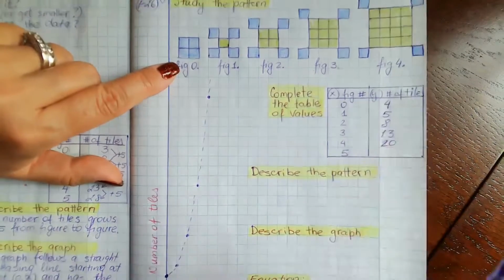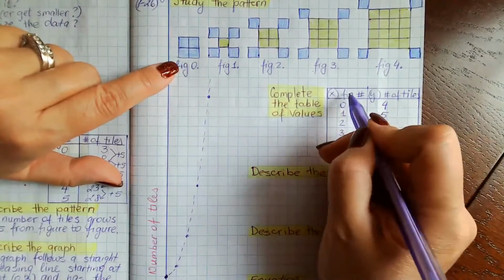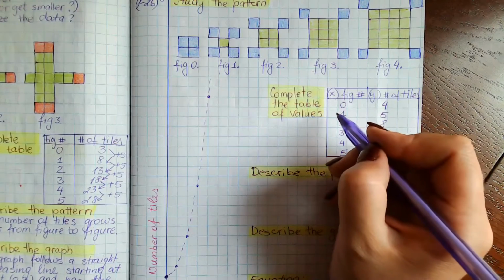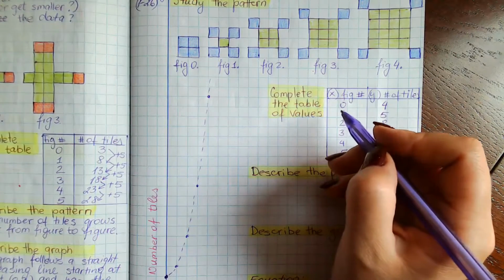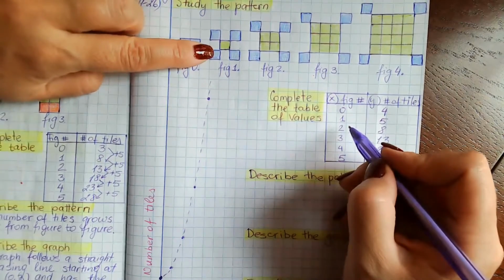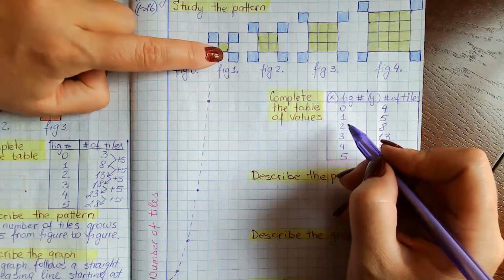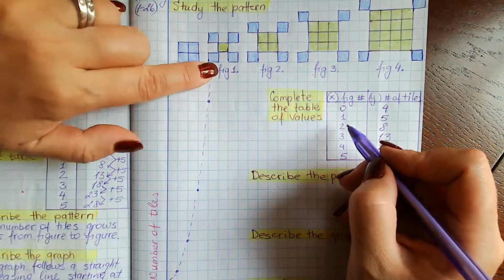So if figure 0 is not given, we always want to go back and draw it to see what the starting point is.